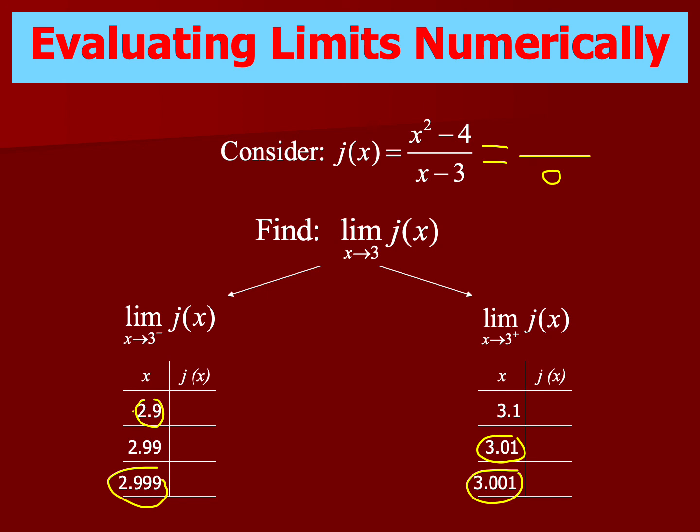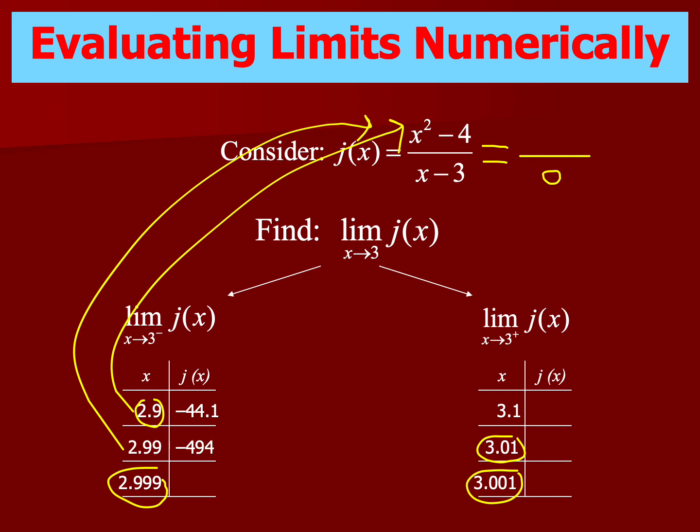When I replace 2.9 in the function, we get negative 44.1. When I replace the second number, we get a very big number, which is minus 494. And when I replace the third number, I get minus 4,994.